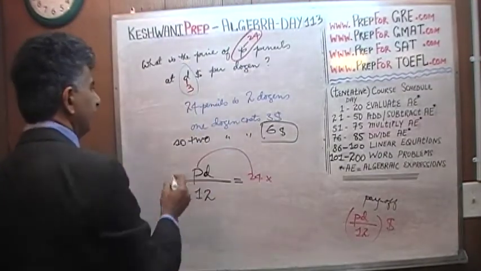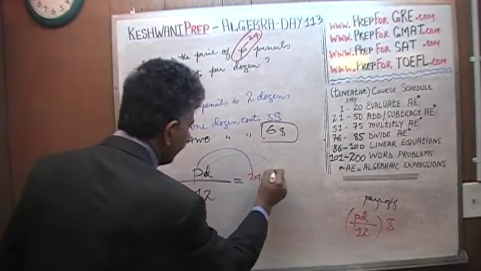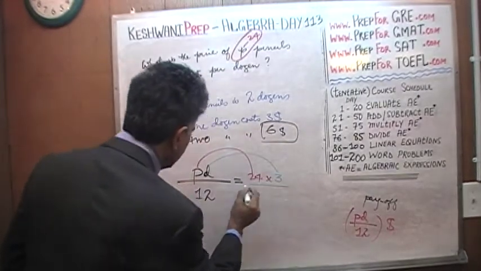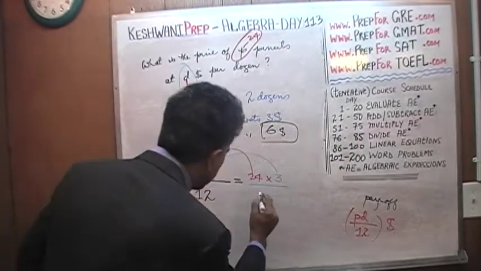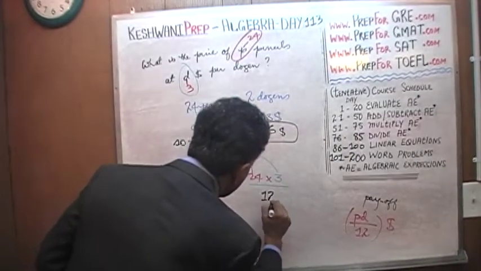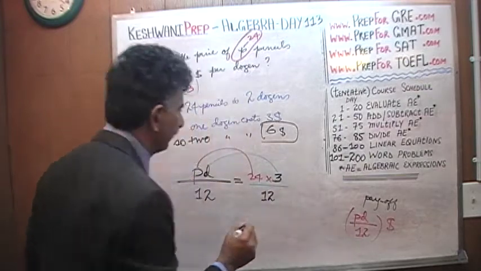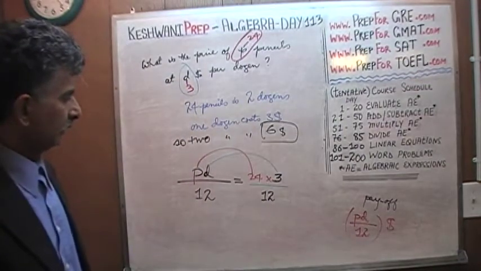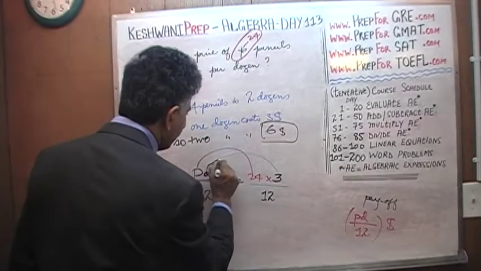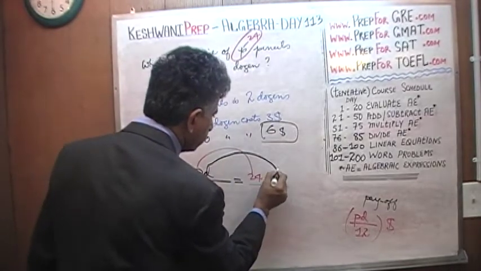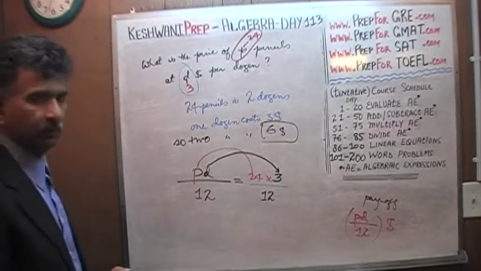Our D, we said, is 3. Over 12. I'm going to put this 3 in the black marker because green is very difficult to read. So it's 24 times 3 over 12.